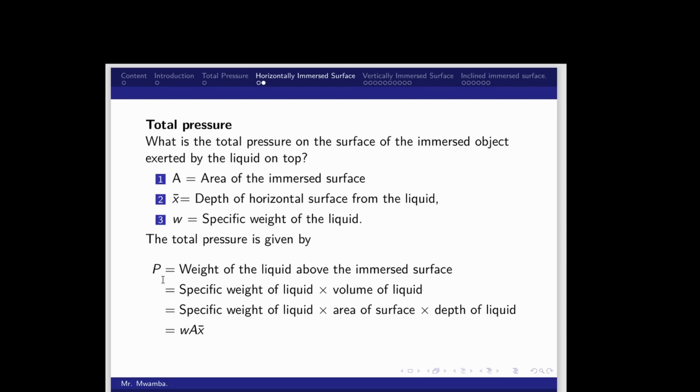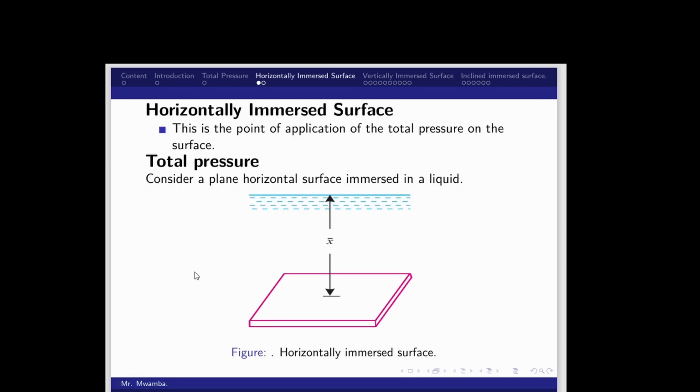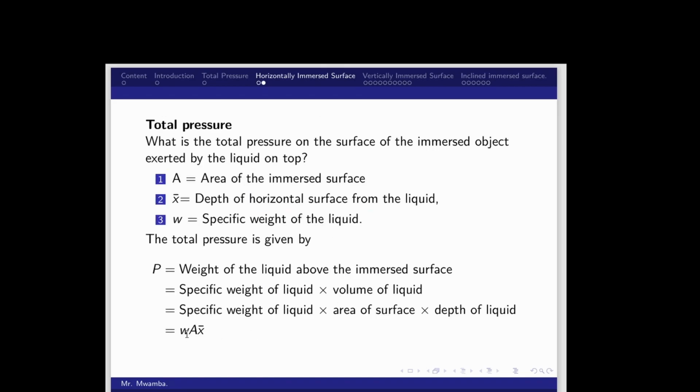We can find the total pressure acting on this surface by knowing the specific weight of the liquid times the area of the surface that is immersed in the liquid, times the height.